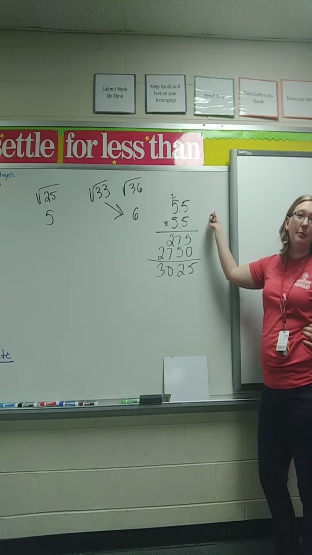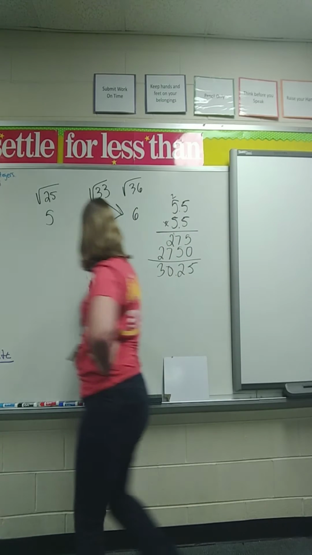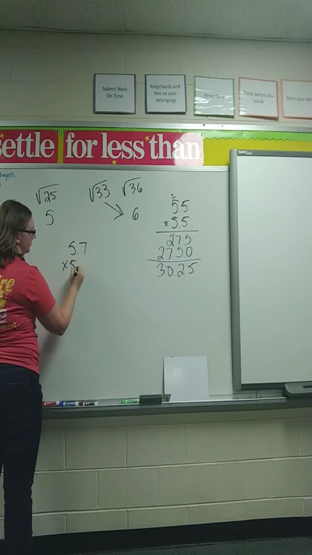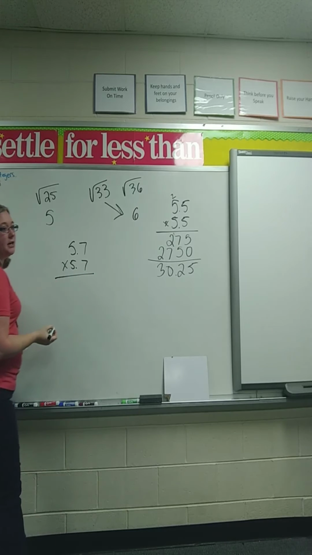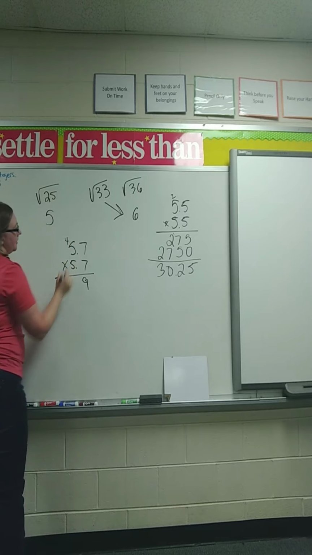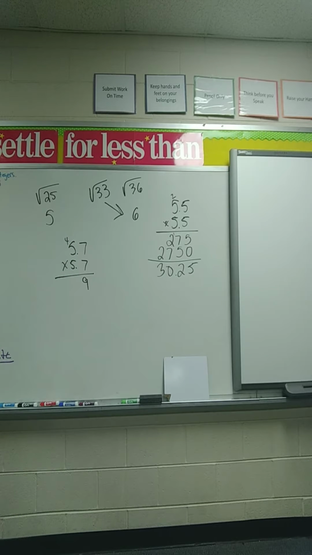You want to try 5.7? Yeah. Okay. Seven times 7 is? 49. 7 times 5 is? 35. 35 plus 4 is? 39.